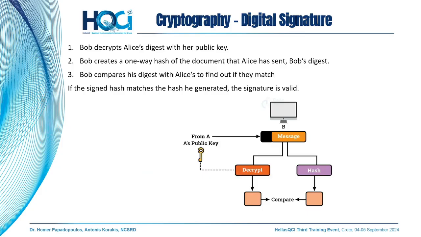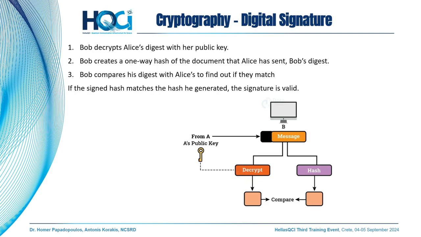So how does the system work with the digital signature, how does Bob decrypt Alice's digest? Bob gets the message. He hashes the message with the same algorithm, so he gets the same digest.